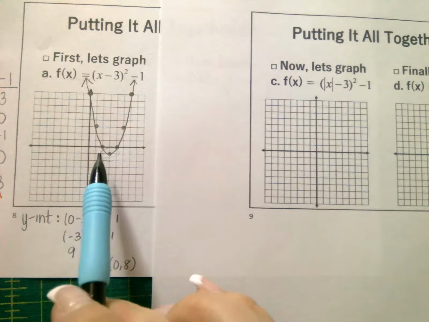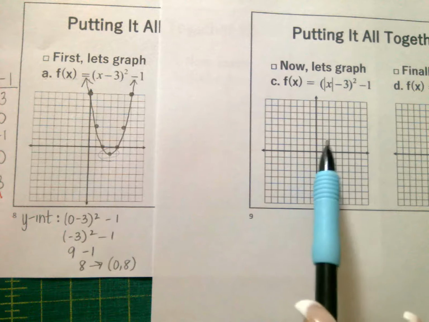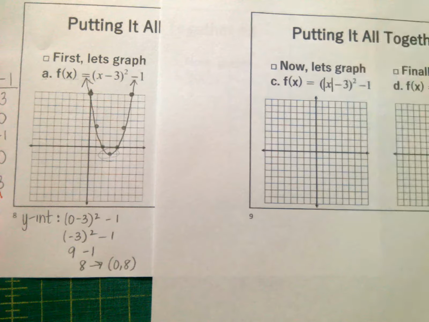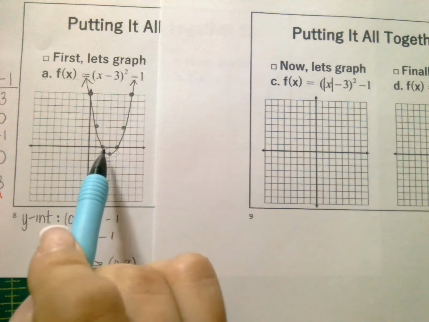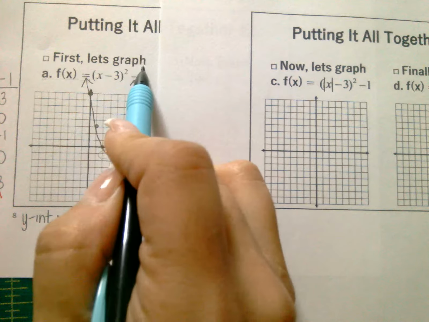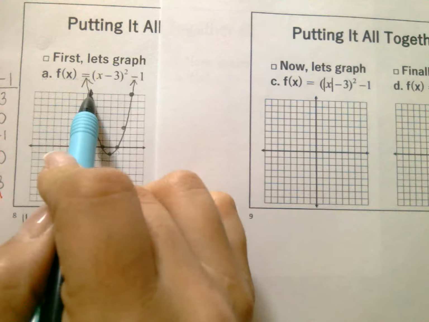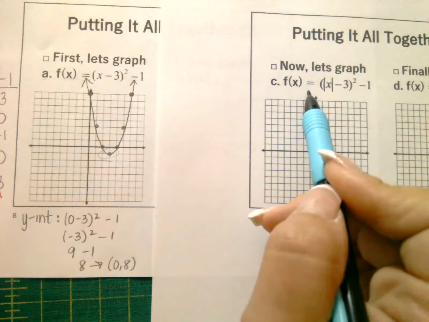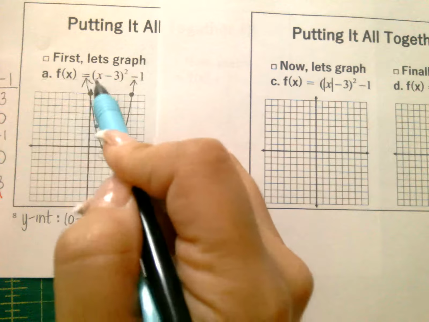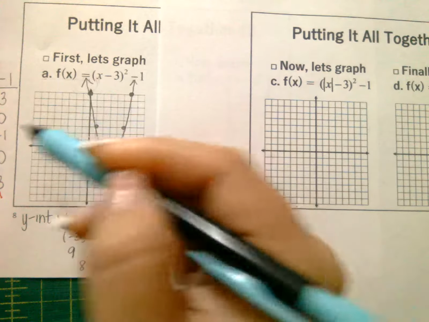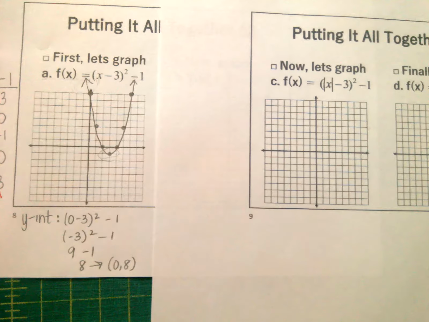So here's my original, okay? And now for part C, I want to take absolute value of just the variable. Okay, so I'm going to take this graph, keep everything on the y-axis and to the right. Okay, so this is why I had you put that extra point in. And then we're also going to reflect it over here. Okay, so when we do part C, we're actually eliminating this portion of the graph that extends to the left side of the y-axis.